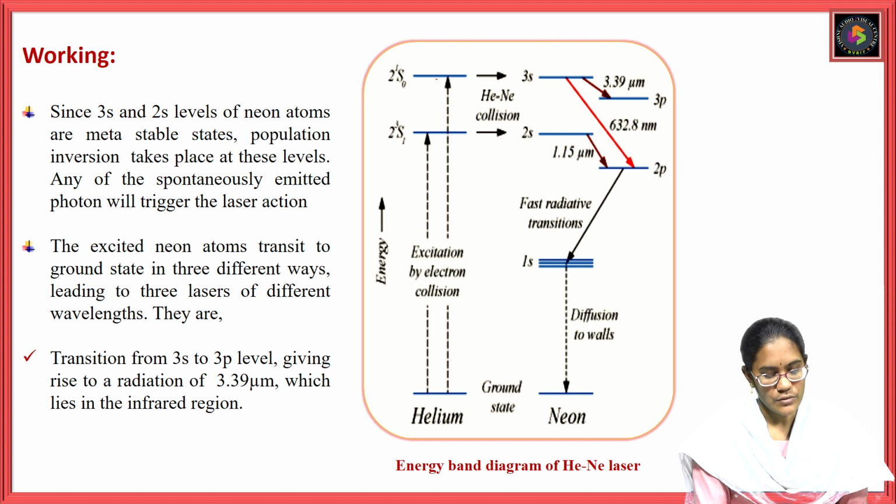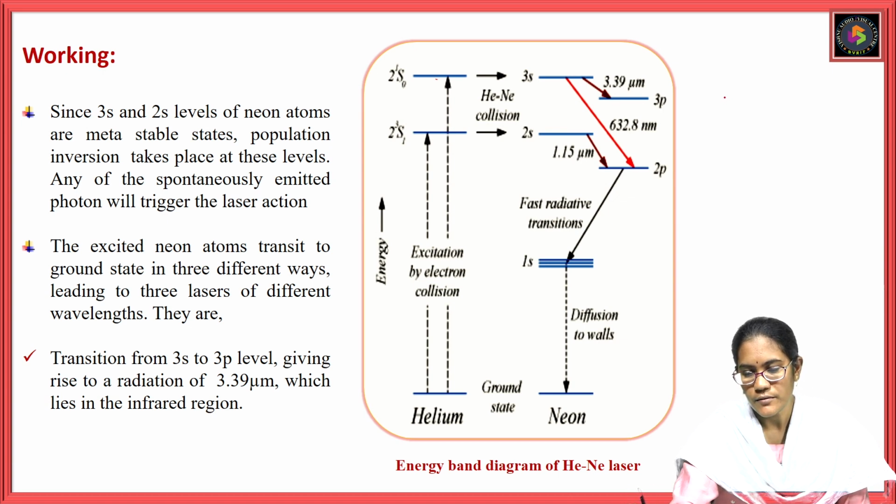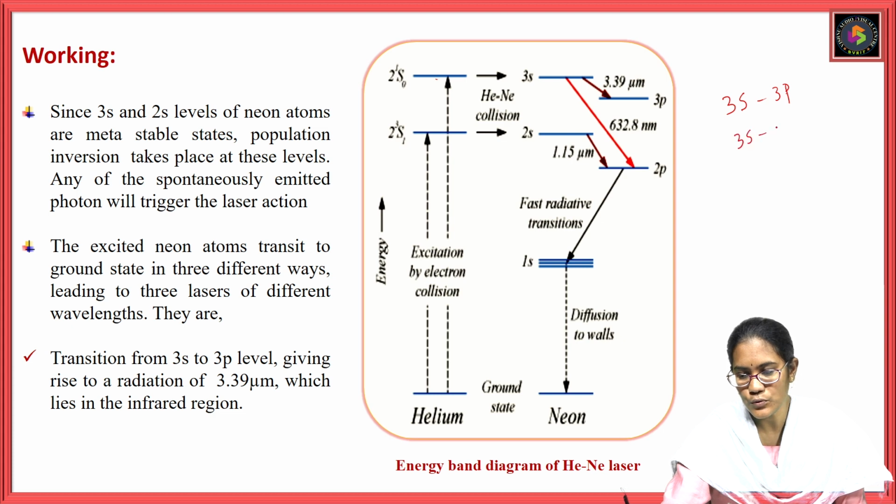If you see here, the transition occurs in three ways: from 3s to 3p level, 3s to 2p, and 2s to 2p.